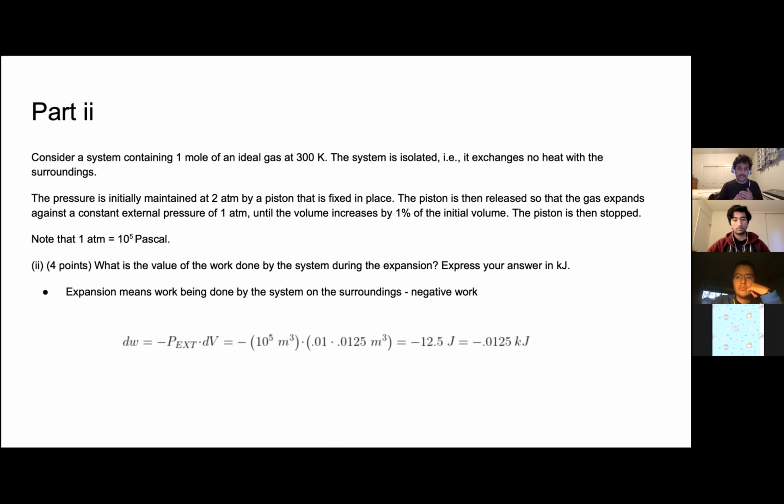And we can do a quick check. We have a negative work, meaning that work was being done by the system on the surroundings. And that makes sense because we're expanding, the gas is pushing outwards. So that all makes sense.